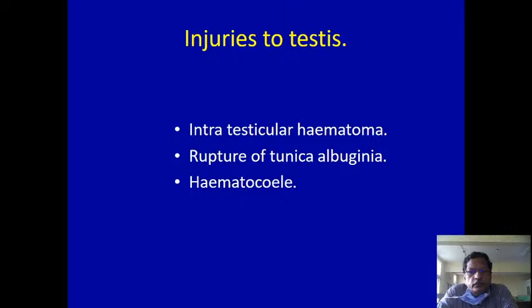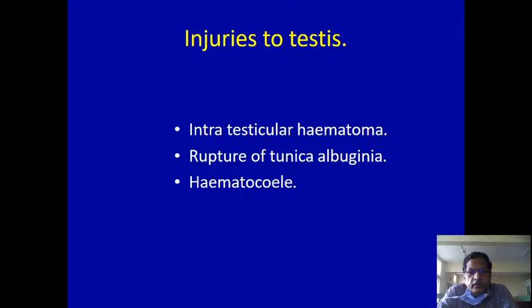So we have to image with ultrasound to diagnose what sorts of injury has occurred. If there is a rupture of the tunica albuginea of the testis, then we have to do scrotal exploration, and then that rupture can be sutured and the hematoma can be drained and the testis can be saved.